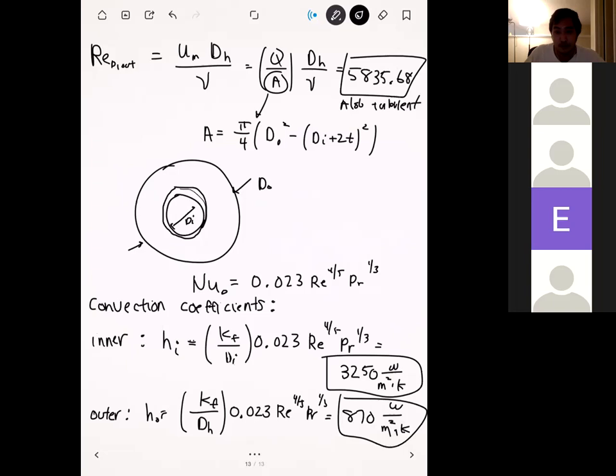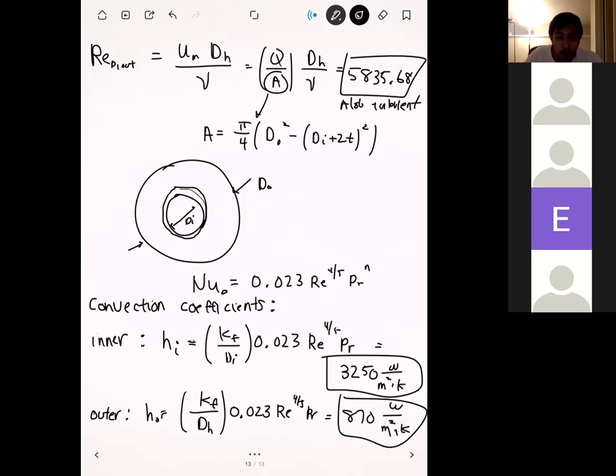When you were doing the convection coefficient for inner versus outer, the Prandtl number, doesn't it change depending on whether the fluid is being heated or cooled? So that's a good question actually. Yes, I did miss that point. Thank you. You're right. The exponent on the Prandtl number does change depending on if it's being heated or cooled.